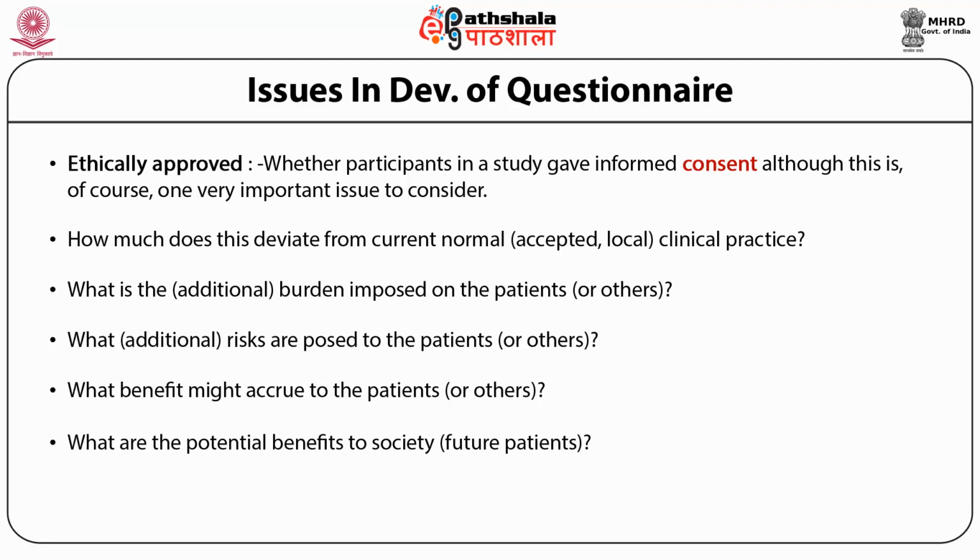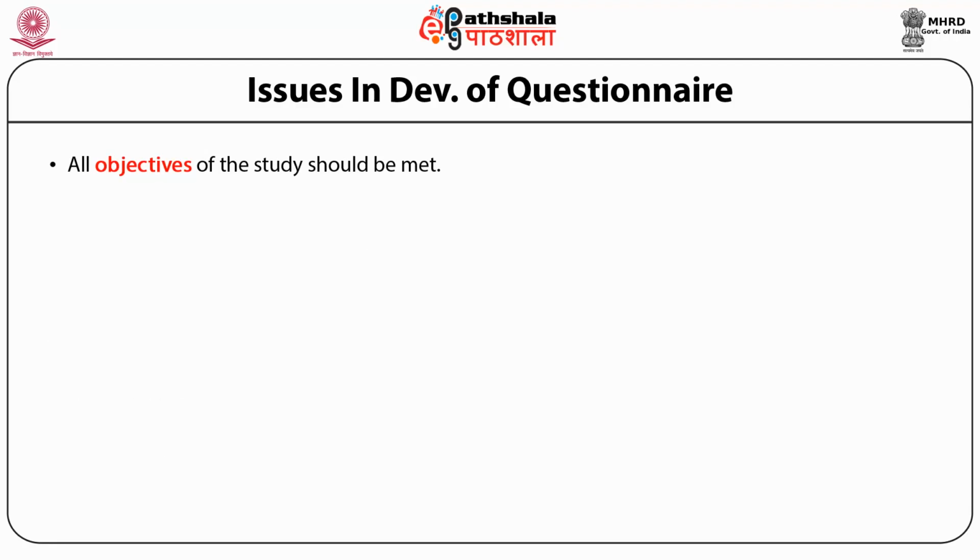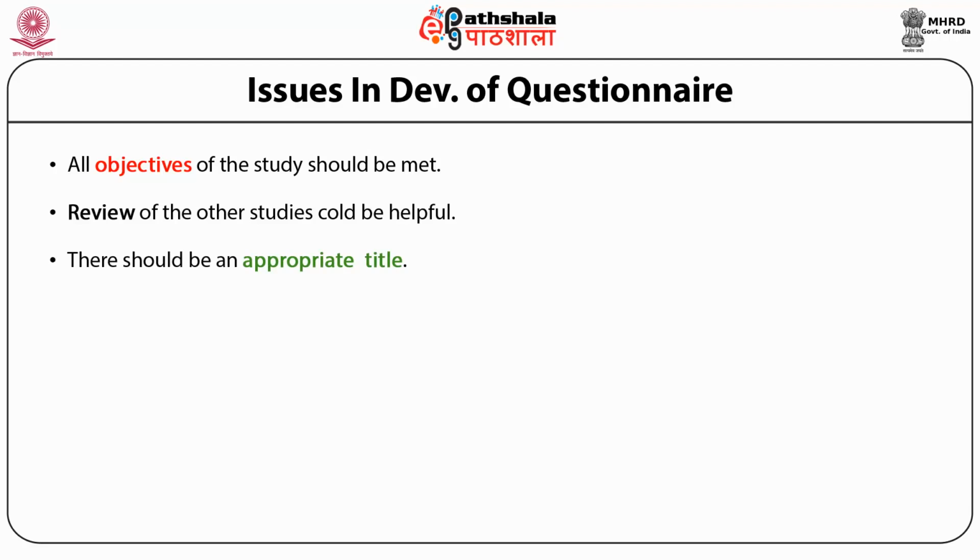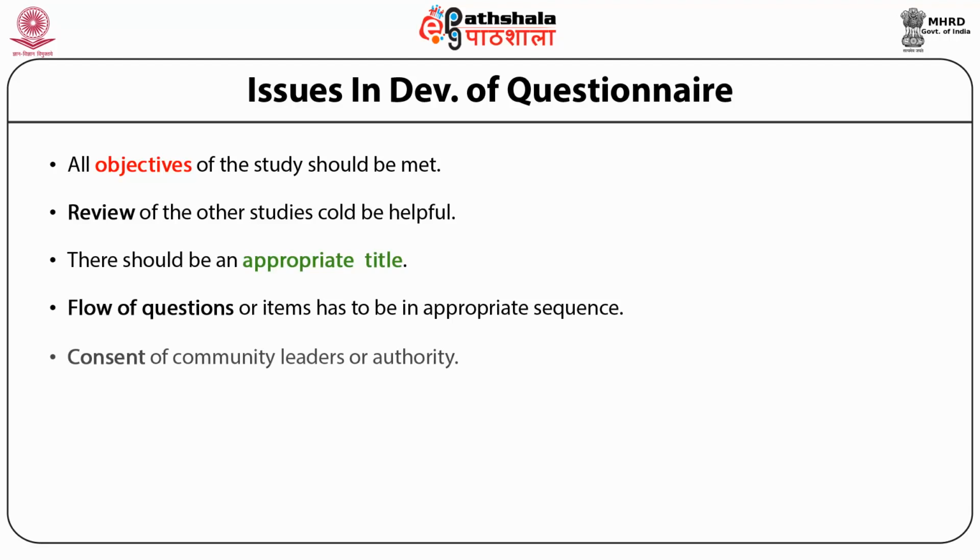These issues should be addressed while developing the questionnaire. All the objectives of the study should be met. A review of other studies could be helpful. There should be an appropriate title, flow of questions, and consent of the community leader should be obtained.